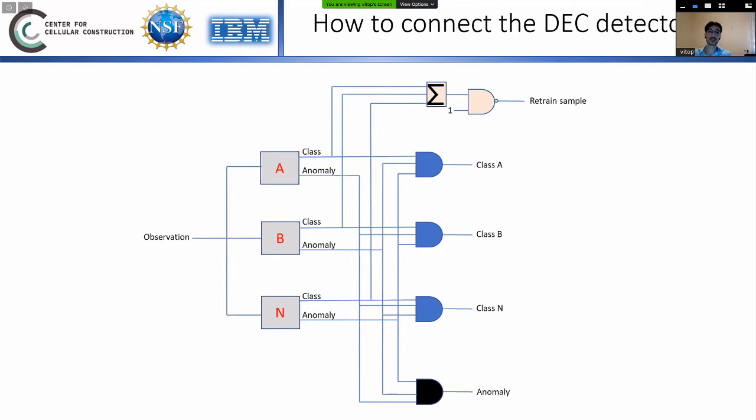If only one of these DEC detectors responds, the sample belongs to the species corresponding to that DEC. However, if more DEC detectors are activated, so they recognize our sample as in class, then this sample is interesting because it overlaps in some way with the species that we are using in training, and so it should be used for retraining.